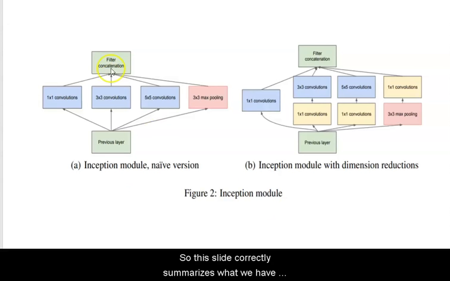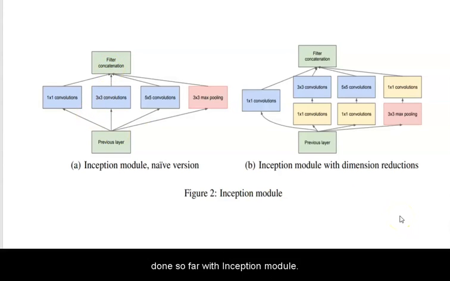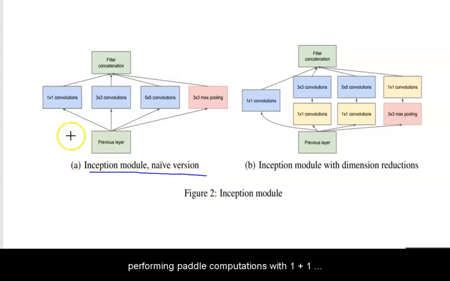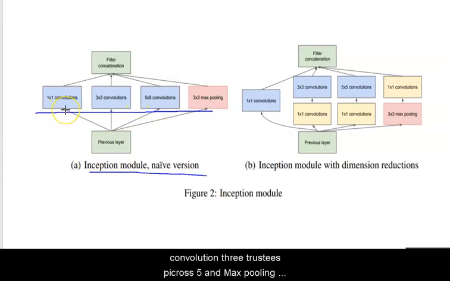This slide correctly summarizes what we have done so far with the Inception module. This is how it all started, with the naive version, wherein I was performing parallel computations with 1 cross 1 convolution, 3 cross 3, 5 cross 5, and max pooling, and finally concatenating the results.